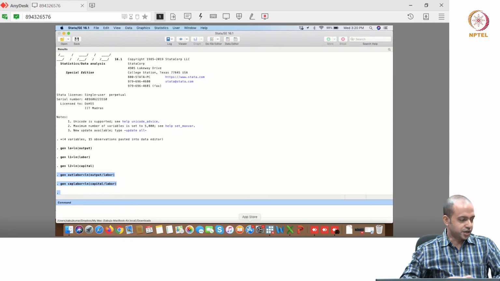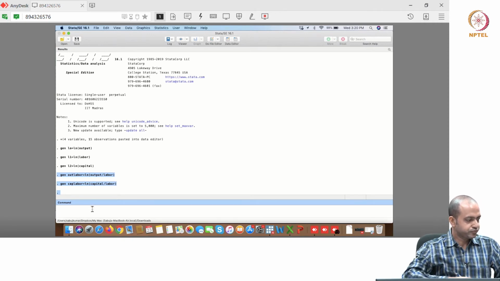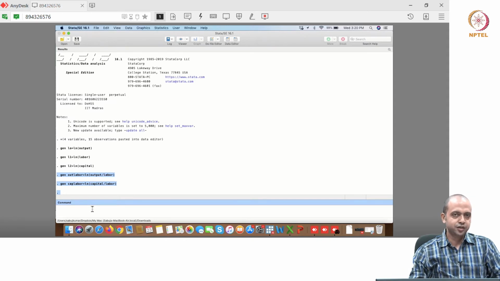Okay, so this is how I have named the variables. Now you can run the unrestricted as well as the restricted version of the model.